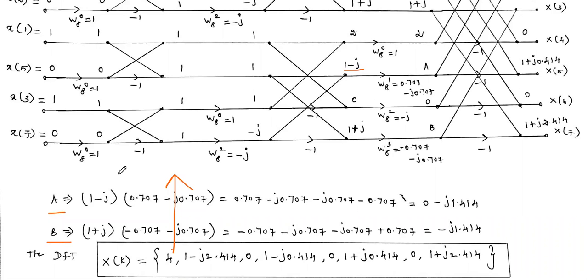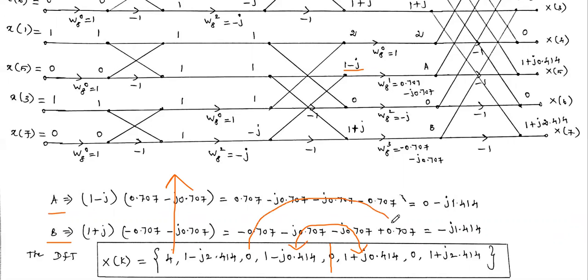Except for this first answer, you see the 7 remaining answers, this is 1 2 3, this is 1 2 3. You fix the center point, this 0 is the center point. Around the center point, the adjacent two values are complex conjugates. This is 1 minus j 0.414, this is 1 plus j 0.414, complex conjugates.